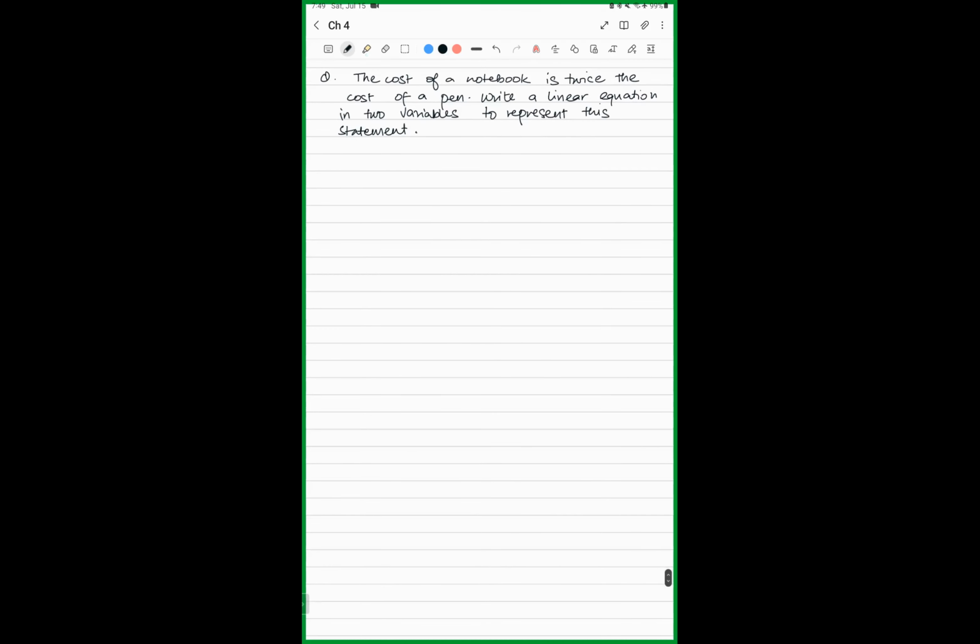Okay. What is the statement? The cost of a notebook is twice the cost of a pen. So let's say the cost of a notebook be equal to X, and let the cost of a pen be equal to Y. Okay.